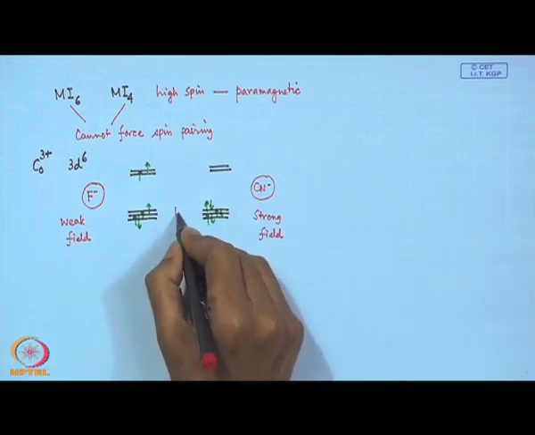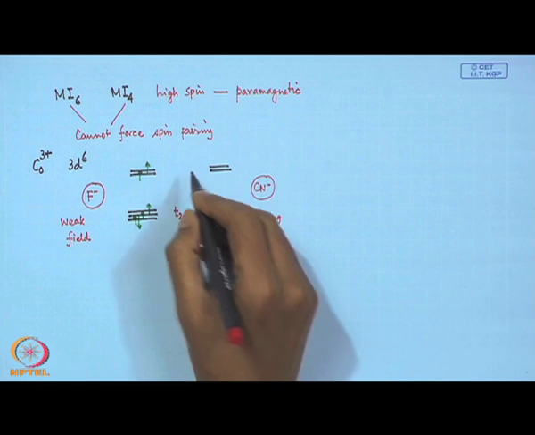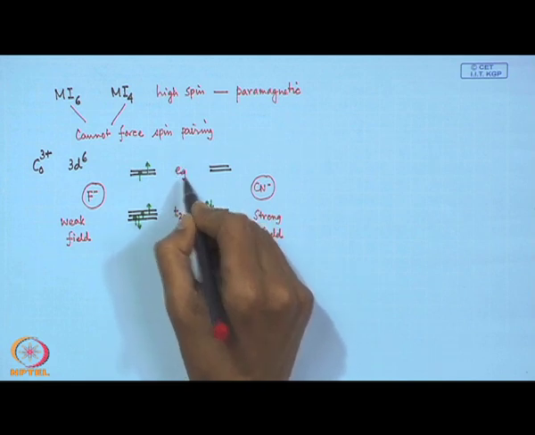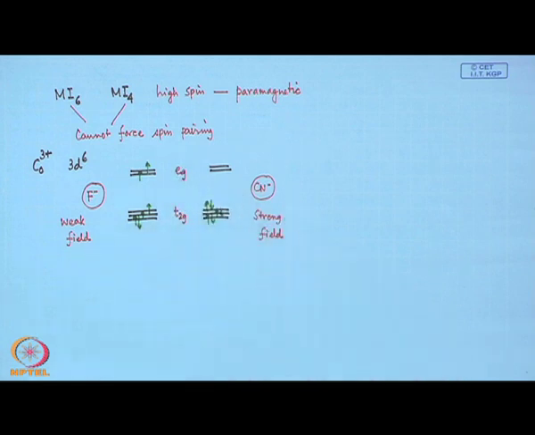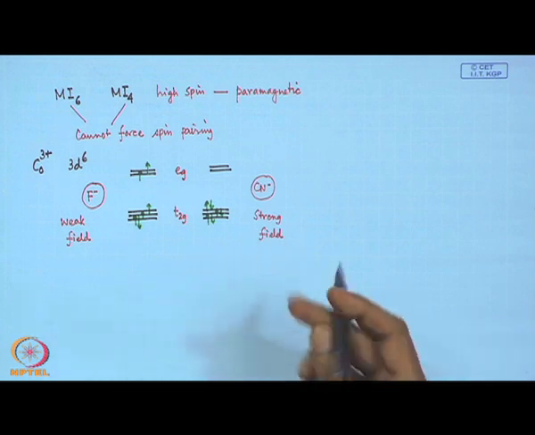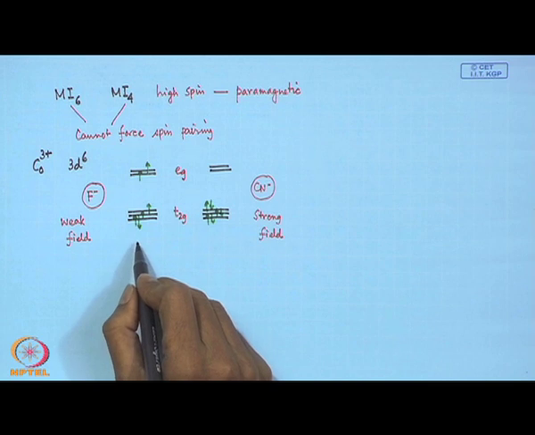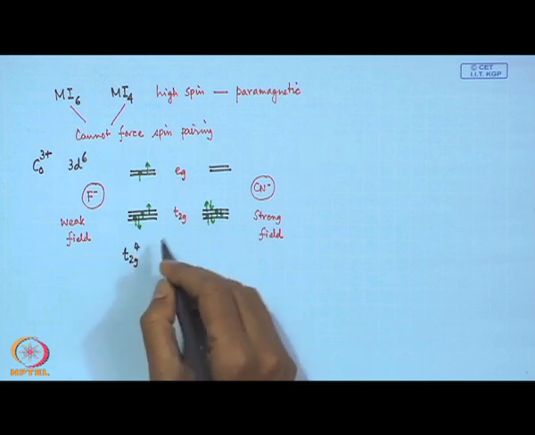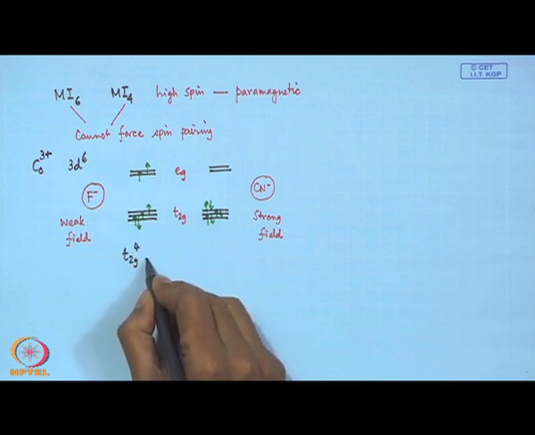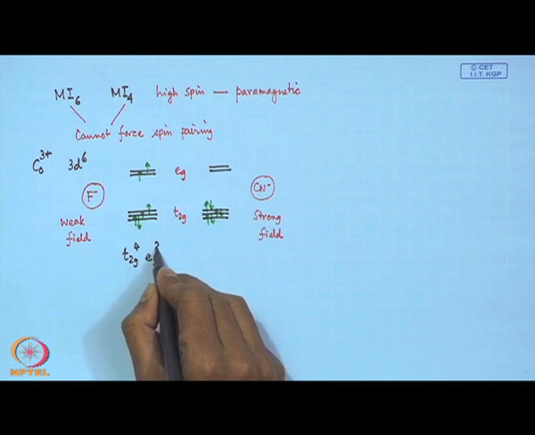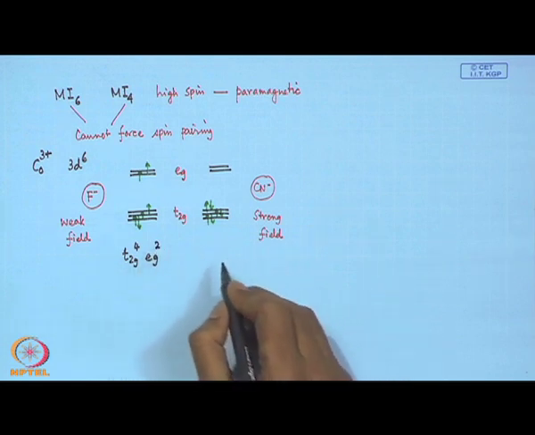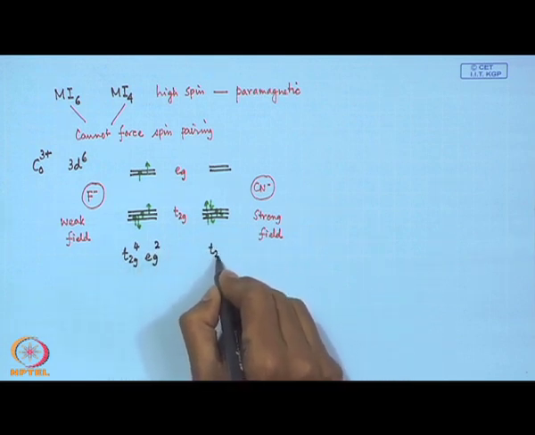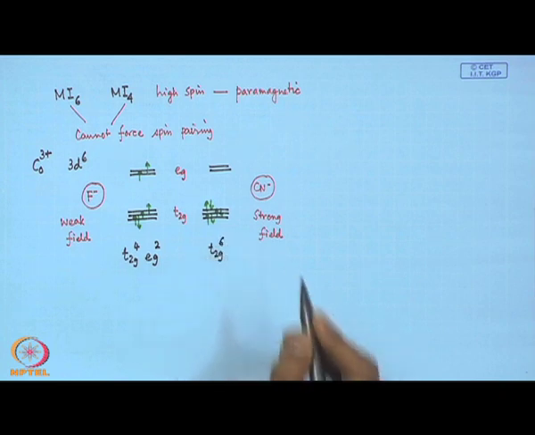So, these two are the T2G, these two are the EG level. In this particular situation, we can write this one as T2G4 EG2, and this as T2G6.